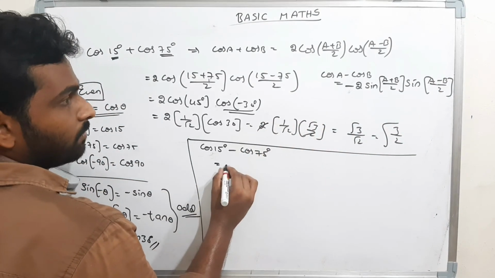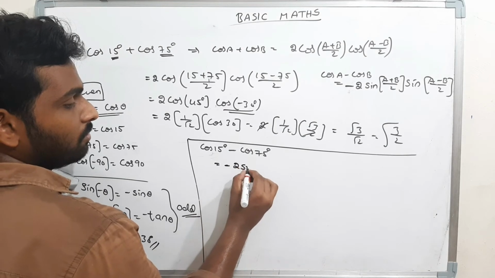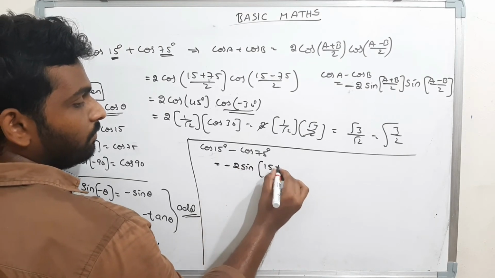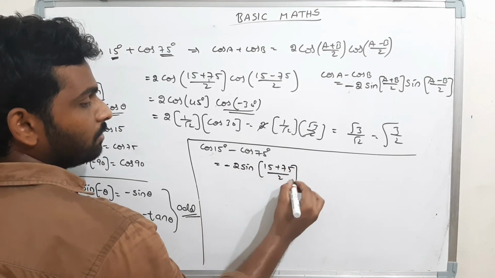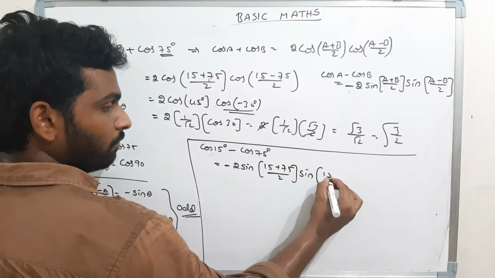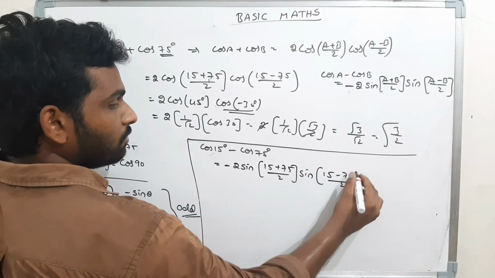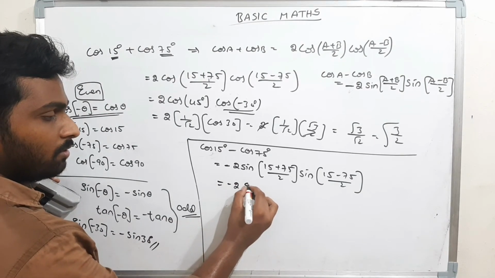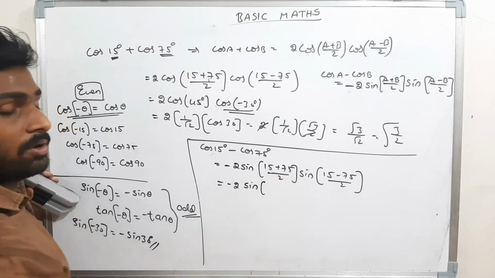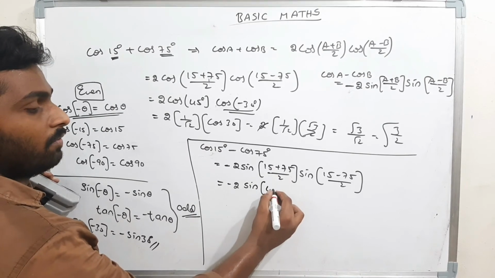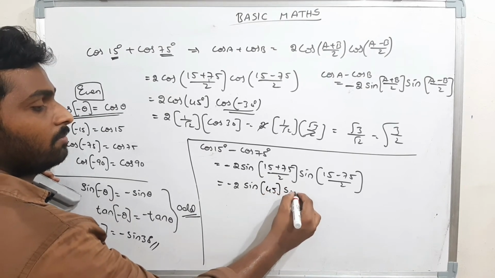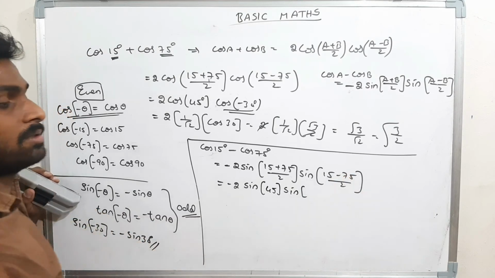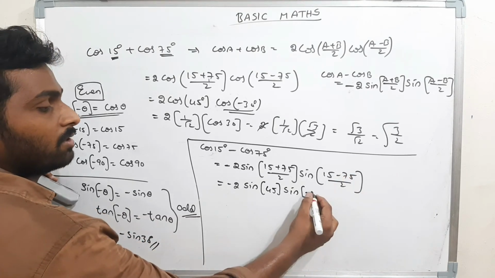What you will get? Minus 2 into sin 15 plus 75 by 2 sin 15 minus 75 by 2, which is nothing but minus 2 into sin 15 plus 75 means 90 by 2 is 45 degrees, and sin 15 minus 75 is minus 60 by 2 is minus 30 degrees.